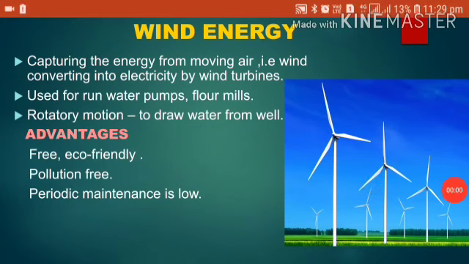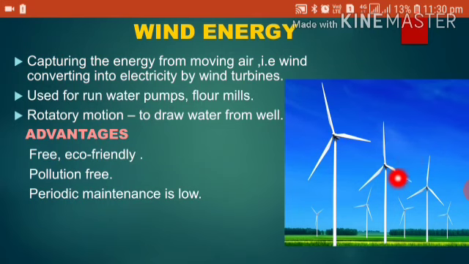Next, windmill. Already we know a windmill is a machine made up of broad blades attached at the center, that is the rotating axis. When the blowing air strikes the blades, it exerts a force.